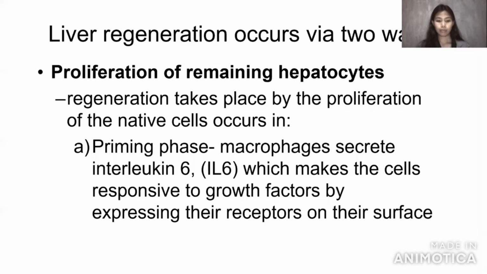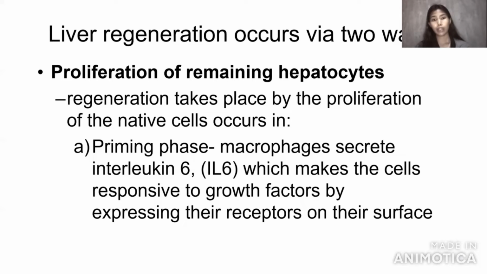If part of the liver is removed, for example in the case of partial hepatectomy, the remaining part of the liver will start proliferating. So one way the liver can regenerate is by proliferation of remaining hepatocytes, and the second one is by repopulation by progenitor cells.